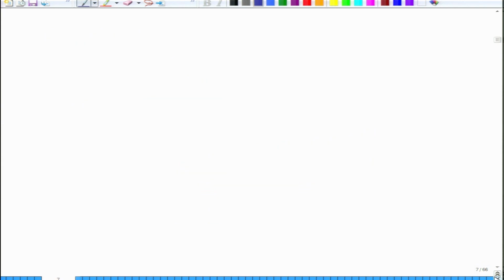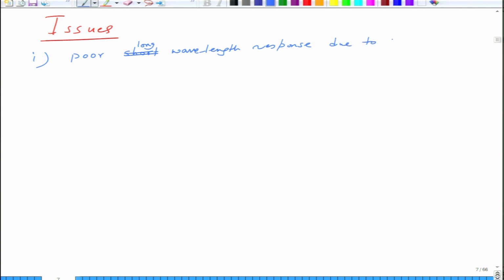These solar cells have certain issues. The issues are, number one, there is a poor short wavelength response, poor long wavelength response, spectral response, due to issues in carrier collection at the back.